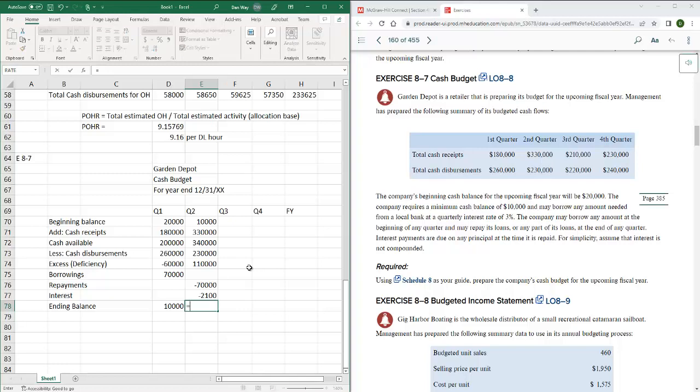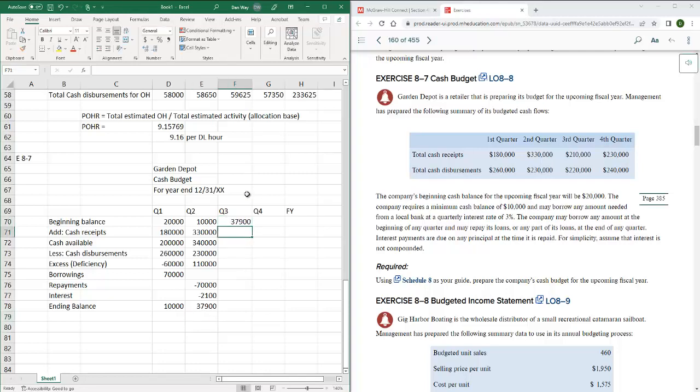So now my ending balance would be the excess of 110,000 here that we determined halfway up, minus the 70,000 in repayments, minus the 2,100 in interest payment for that repayment of principal. So our projected ending balance for Q2, 37,900.